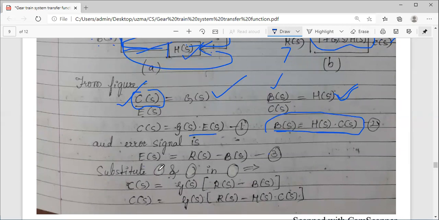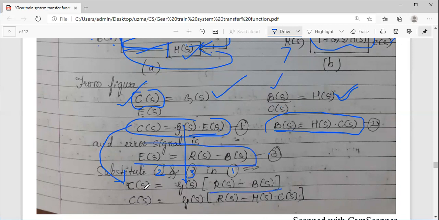So what I will do, substitute 2 and 3 in 1. For your first signal, C of S, the first equation has G and E. Taking C of S as it is, G of S as it is, instead of error signal, I will take this subtraction R minus B. Because I want the transfer function. How to find the transfer function? For that I need output by input.